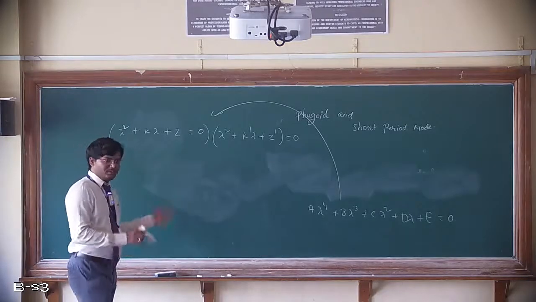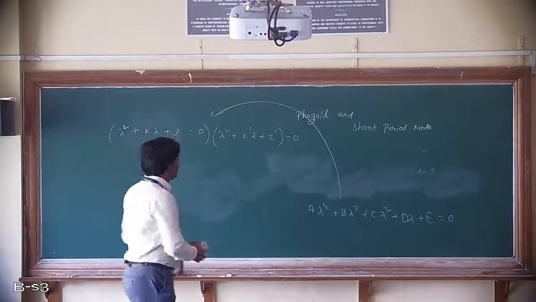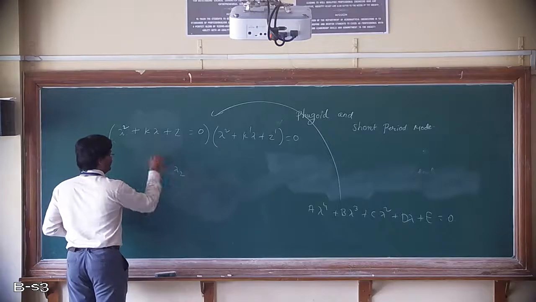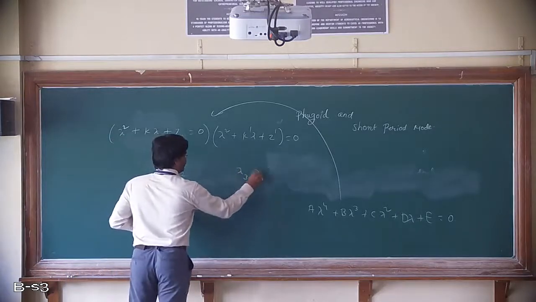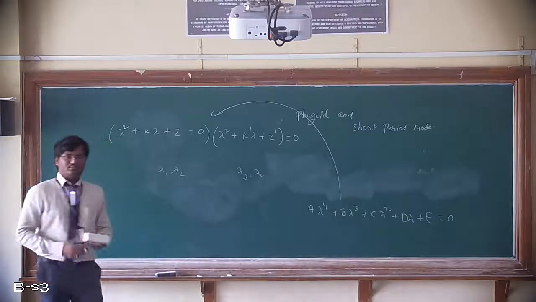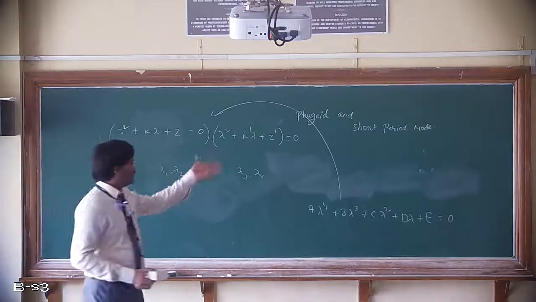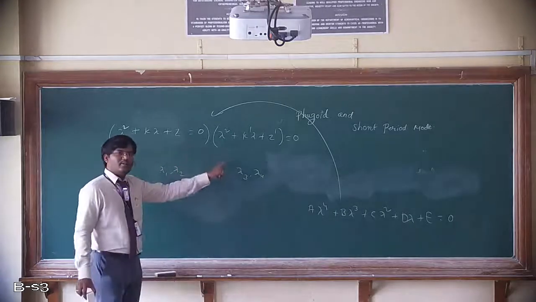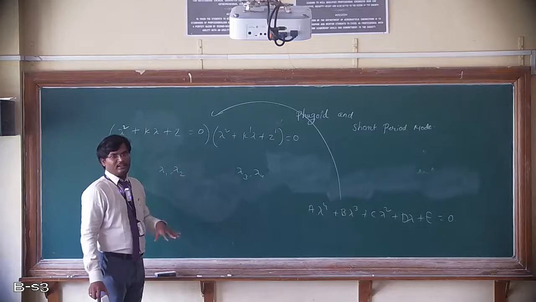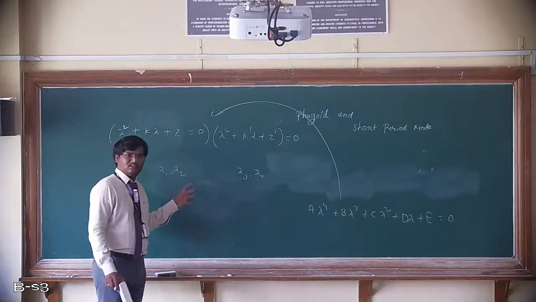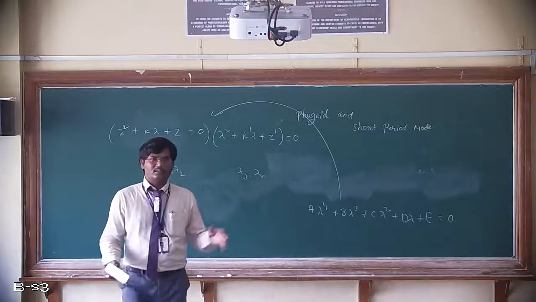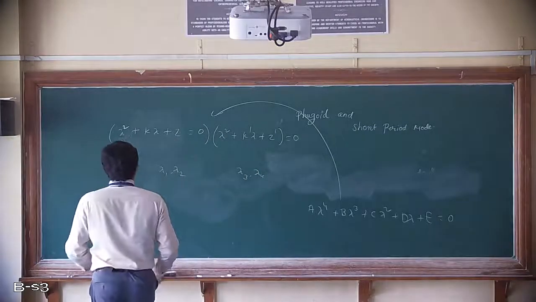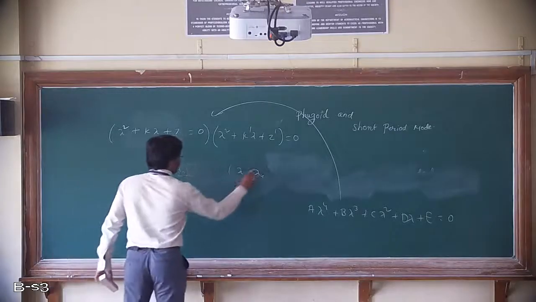You can split this fourth order into two second order equations. Yesterday we discussed this for some Boeing aircraft. If you solve this, you get lambda 1, lambda 2 here, and lambda 3, lambda 4 here. Eigenvalues of the system matrix and roots of the characteristic equation are the same.